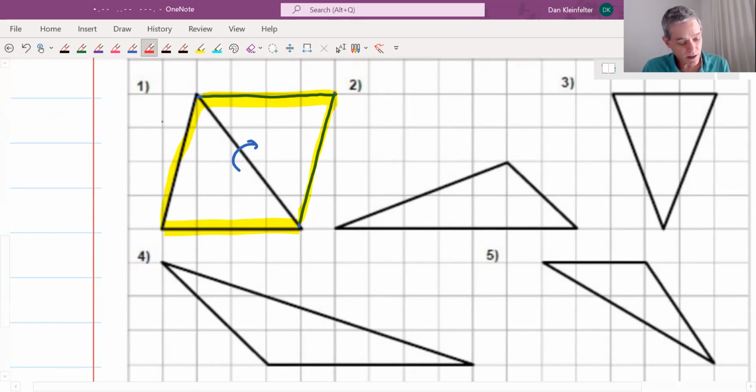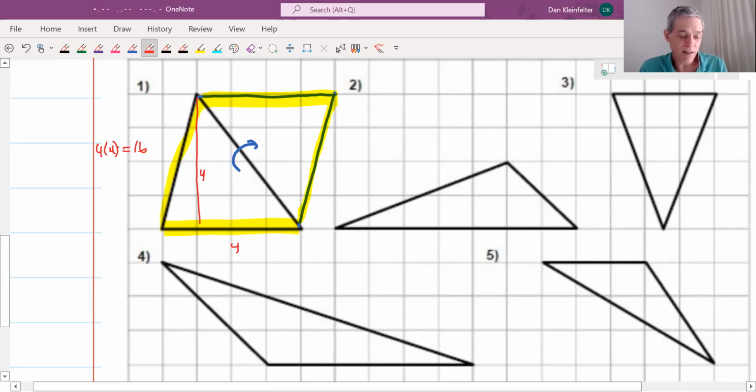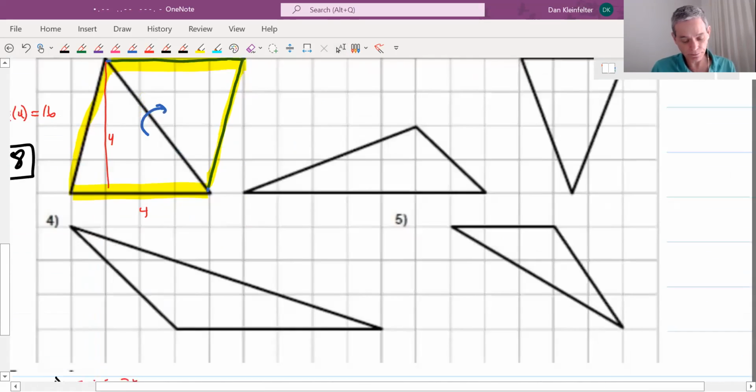Its area is going to be 1, 2, 3, 4 across, and 1, 2, 3, 4 in height. Okay, so this is 4 times 4, or 16. That would be the area of the whole parallelogram. Of course, we want to take just half of that. So half of 16 is going to be 8. So the whole area of this triangle in number 1 is going to be 8.